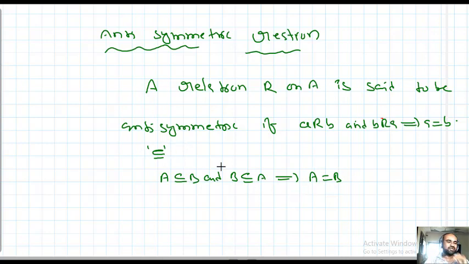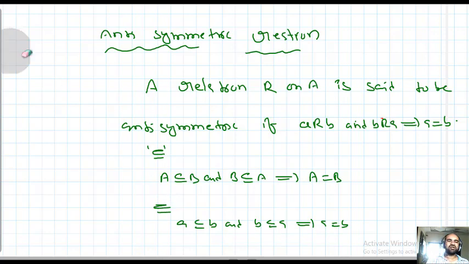Subset is reflexive, subset is not symmetric, but subset is anti-symmetric. Subset is also transitive. Next, less than or equal to: a less than or equal to b and b less than or equal to a implies a equal to b. Correct only. That's why less than or equal to is also an anti-symmetric relation.